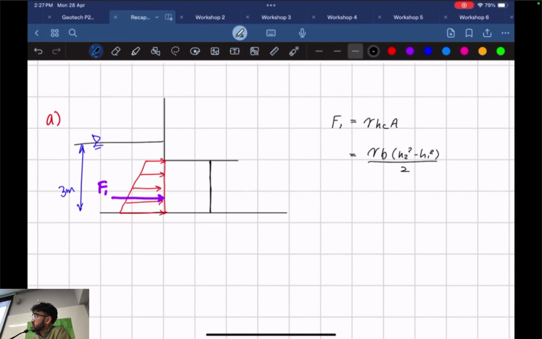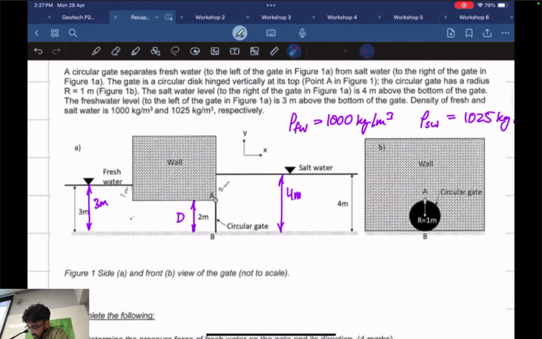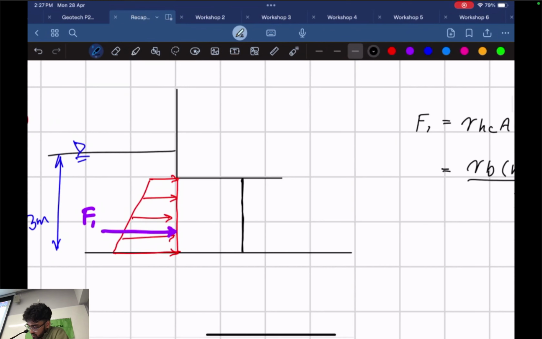HC? Let me take a look. What's the question? HC. Yeah, so it'll be 2 meters. If this is the center of the gate, HC will be the height from the top to the middle of the gate.